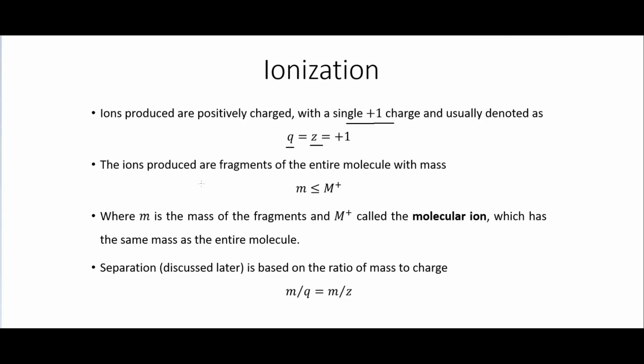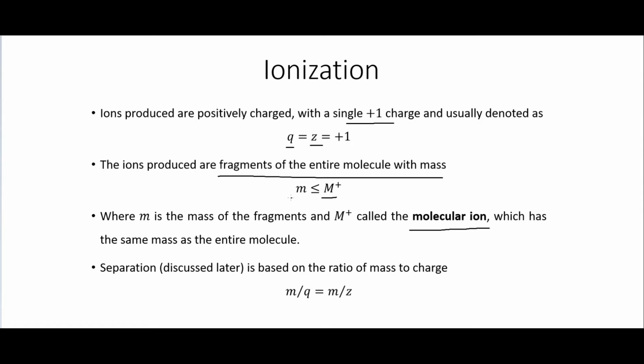The ions produced are just fragments of the entire molecule. So we have the M plus here, which is called the molecular ion, and that is the mass of the entire molecule, usually sans a single electron, but that has such a small amount of mass that it doesn't make that much of a difference.